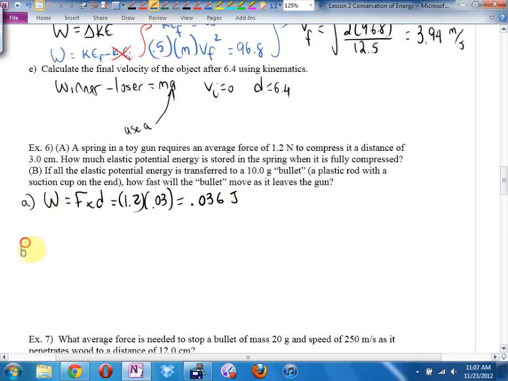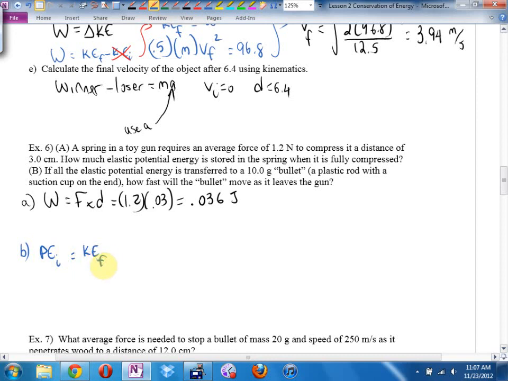All right. I'm pulling the trigger on Tyler here shortly. Supposing all of the elastic stored potential energy becomes kinetic, how fast will it leave? Really what we're saying is this: all of the initial potential turns into kinetic final.